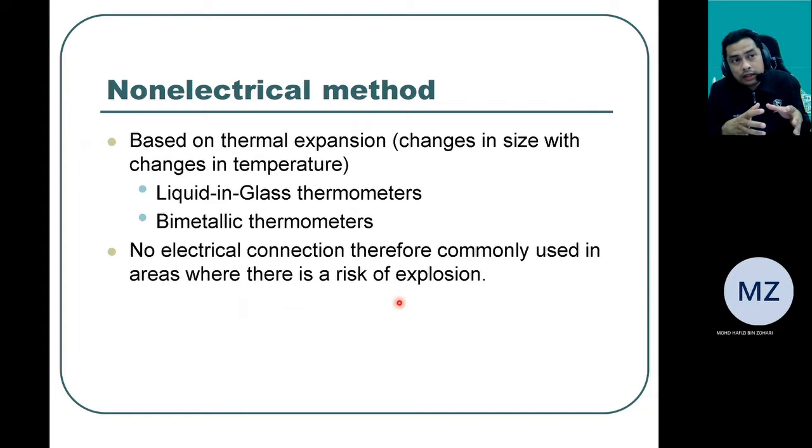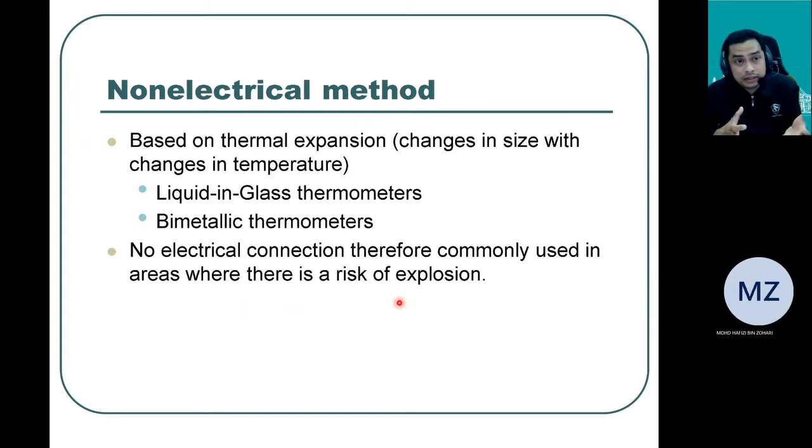We use this one in areas that have a risk of explosion. For example, in oil and gas, usually they need explosion-proof sensors, with no spark created in the system.